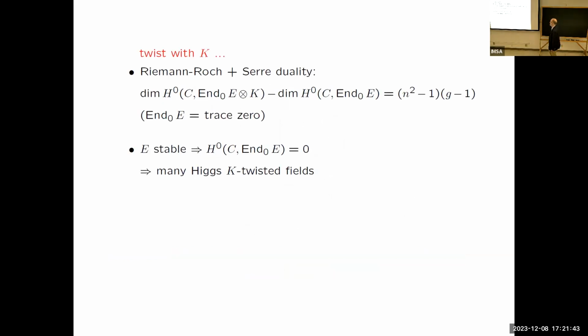So here's the situation then. If we look at the classical situation, if we twist with the canonical bundle, then the Riemann-Roch theorem and Serre duality tell us the difference between the dimensions of the space we're looking at.